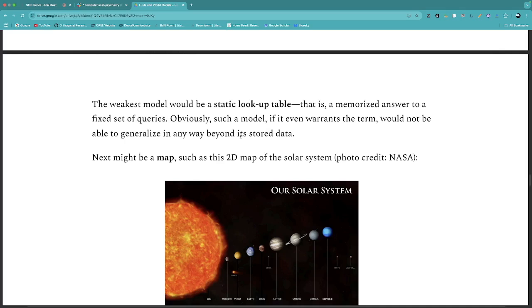So the first type of model that could classify as a world model, and this is the weakest type, is a static lookup table. We know that if you're training a model, you can construct a lookup table from different entries. If you have that image that we saw, you can take its components, look up what the list of things that they possibly mean are, take from that lookup table possible answers, and then evaluate those answers as to their likelihood.